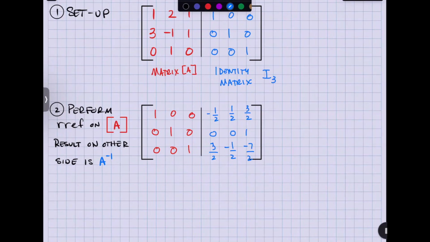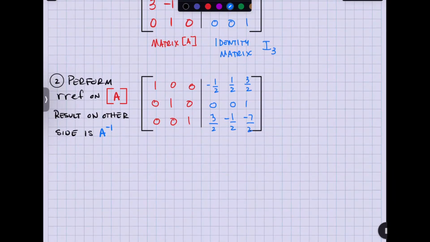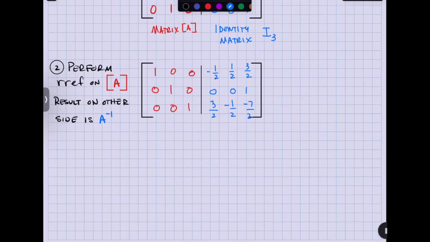There's one other thing I want to bring up first of all, before I walk through it. And the reason why you want the inverse matrix is because of this. Let me just skip to it.